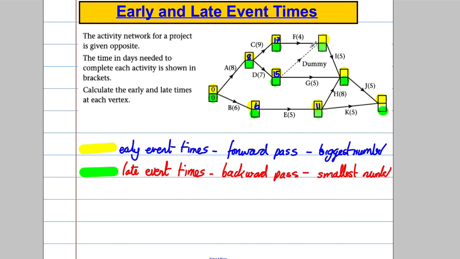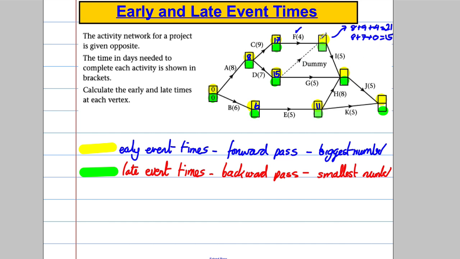Now it's where it might start getting a bit tricky. To get to this event, what needs to have happened? Well, F needs to have happened and anything before it, and also this dummy needs to have happened. So it's going to be the biggest number out of the F route, which is 8 add 9 add 4, which is 21, or this route, which is 8 add 7 add nothing, which is 15.